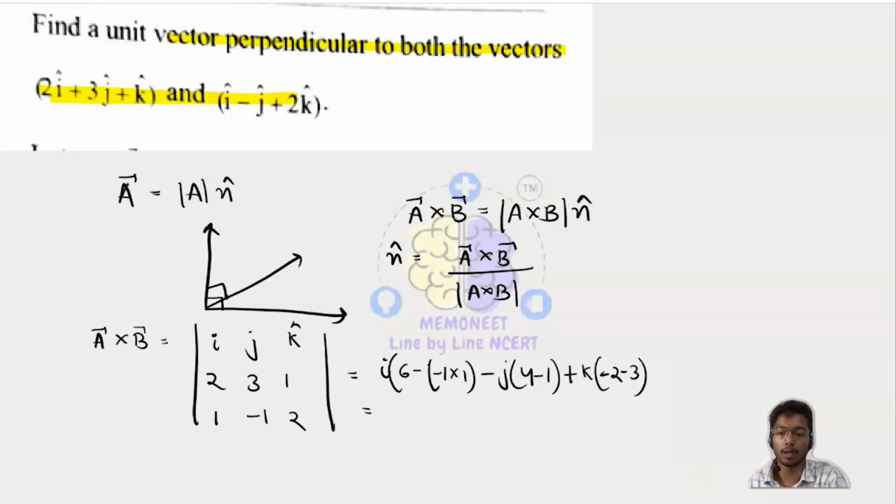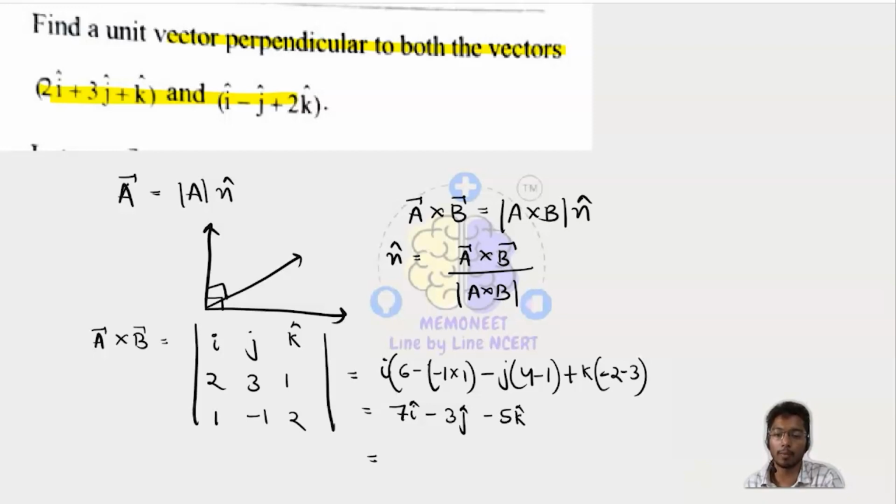So this will be 7 i cap, minus 3 j cap, and minus 5 k cap. So this is the value of a cross b.